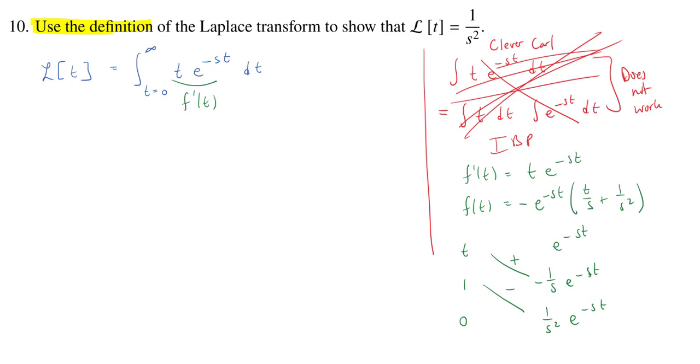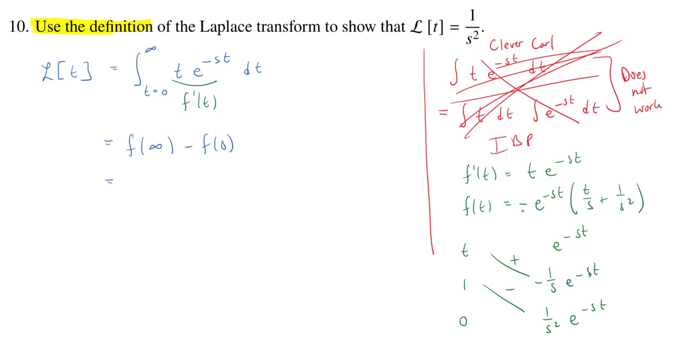And so this Laplace transform is just going to be f of infinity minus f of 0. All I need to do is figure out what happens to this function as t goes to infinity and when t is equal to 0. The t equaling 0 is the easy part. I have a t, if that's a 0, I have an exponential with a 0 exponent, so that becomes a 1.